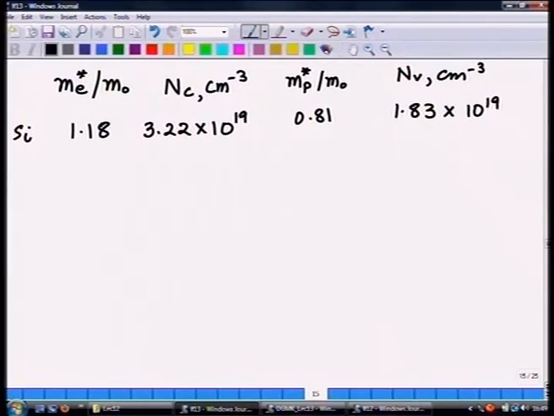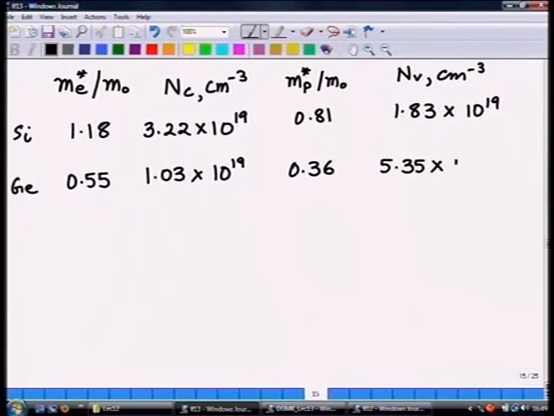Similarly, if I write this for germanium, this is 0.55, electron is lighter, the curvature depends on curvature, remember, 1.03, and 35 into 10 to the power 18. This is in case of germanium. Now, gallium arsenide, something really very interesting happens.